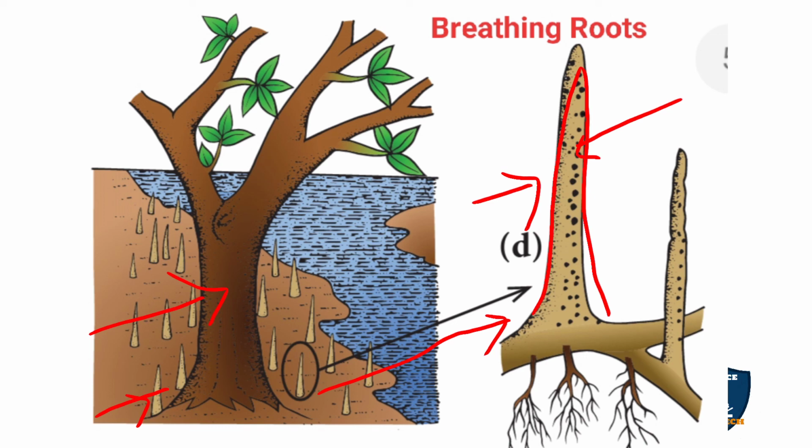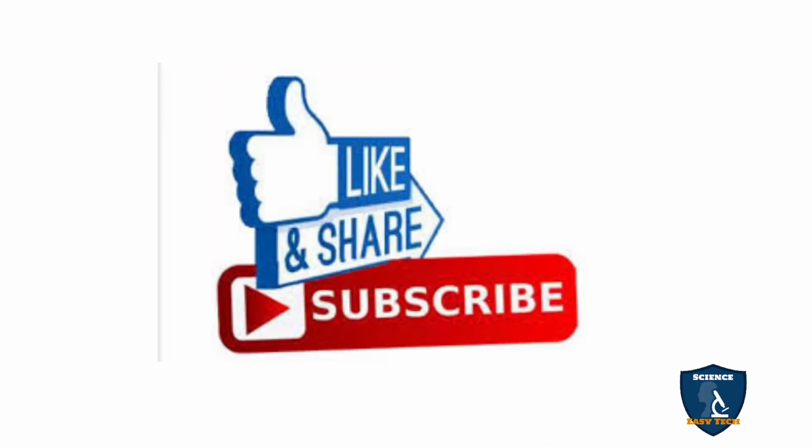There is no oxygen in the soil due to the saturation of water, and for that reason they develop roots which grow positively phototropic. Such kinds of roots are called breathing roots. So this is the modification of taproot system, with only two types, the storage and the breathing roots.